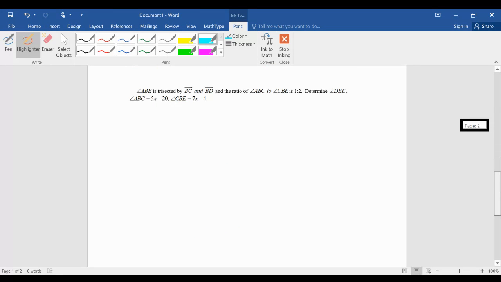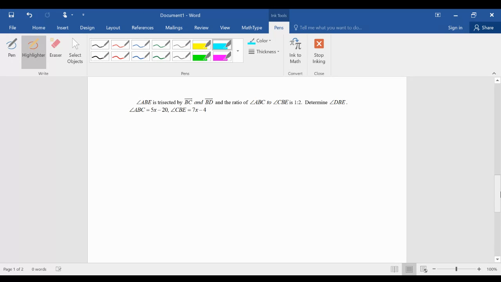The second question forces us to have to draw. So we are looking at an angle ABE that is trisected.